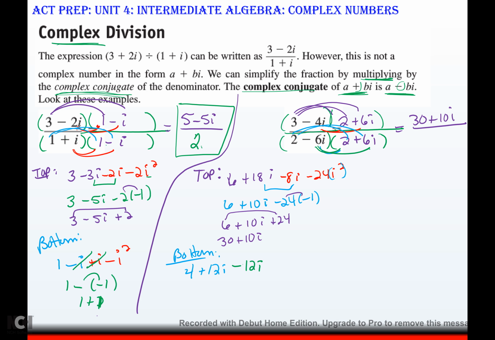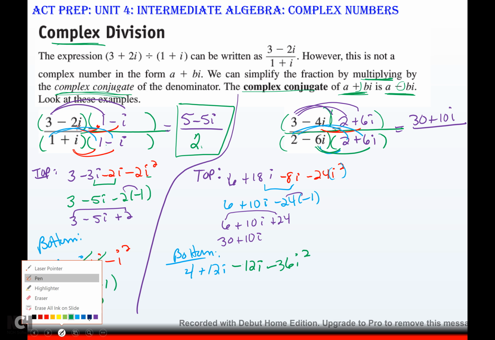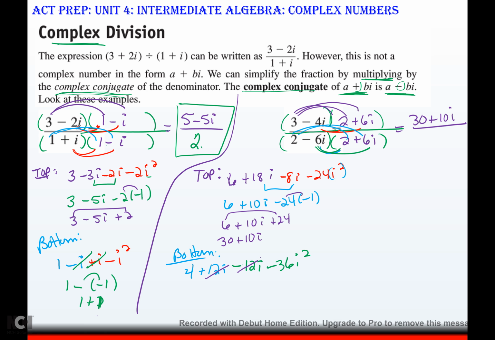Negative 6i times positive 6i would be negative 36i squared. Combine i's and change i squared. And these were conjugates, so just like before, the middles will cancel. That gives me 4 minus 36 times negative 1, which gives me 4 plus 36, which gives me 40 on the bottom.